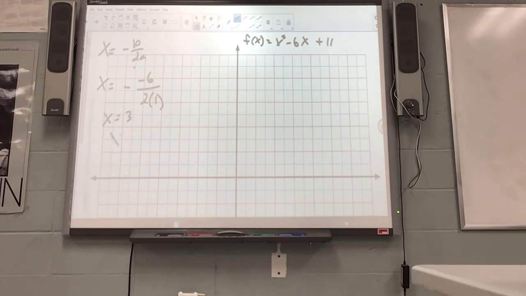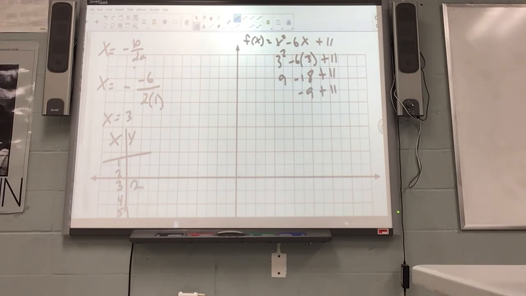So if you start thinking about making a table here in a minute, I'm gonna put 3 in the middle, go a couple to the left of it, and a couple to the right of it. Let's plug that 3 into both of our x's to find out what our vertex is. 3 squared minus 6 times 3 plus 11, so that's 9 minus 18 plus 11. 9 minus 18 is negative 9, plus 11 is 2.